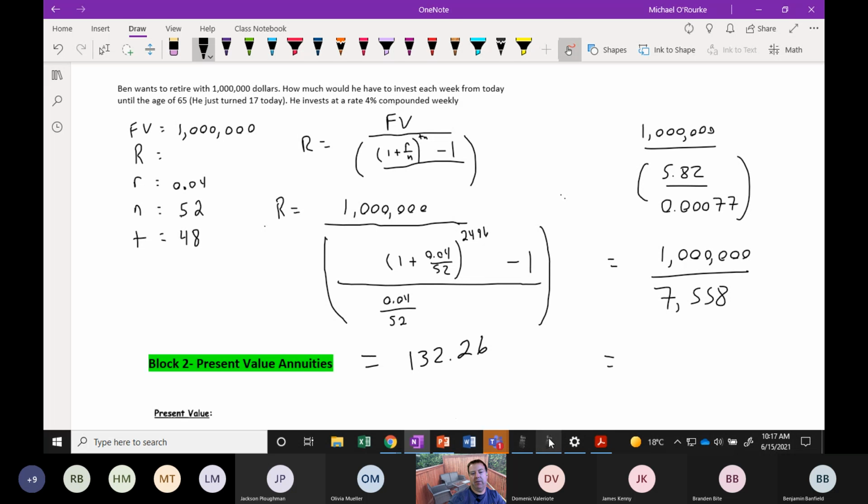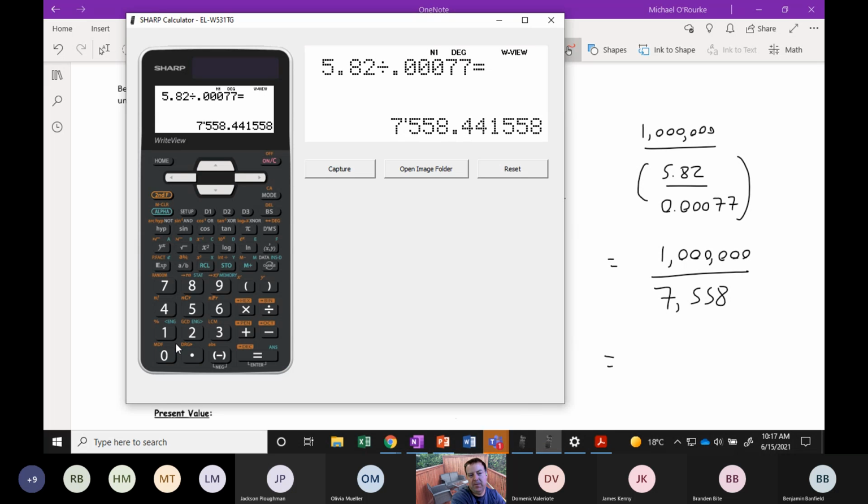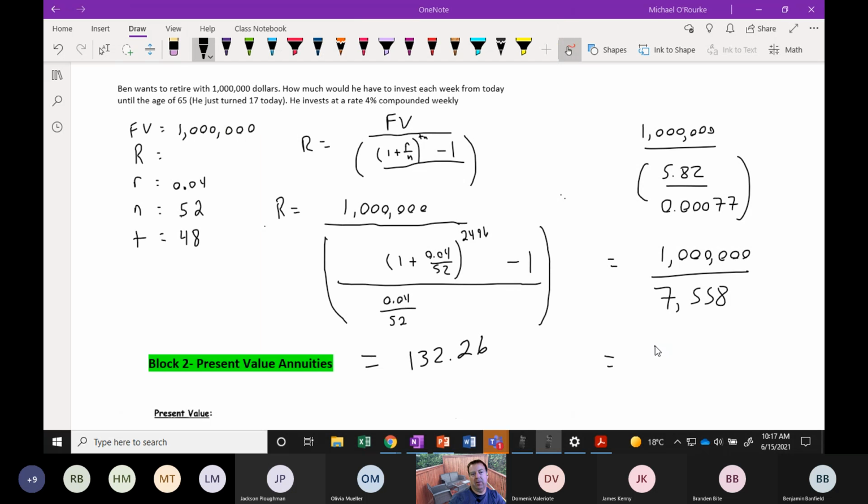And then I finish off with 1 million divided by that number. $132.31. So not far off at all. Five cents. Did that make sense, Dominic, how I worked through that? Yeah, I got that.